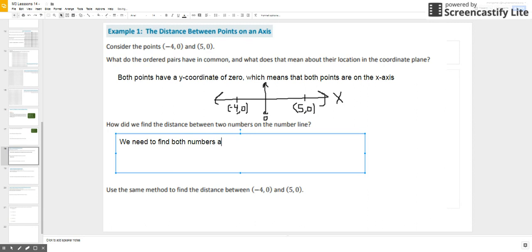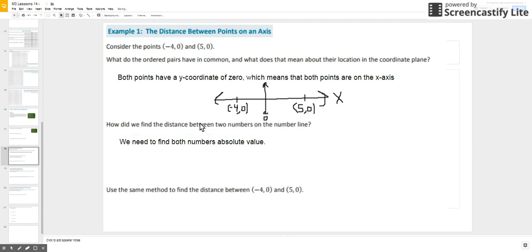Remember, we want to know how far they are away from 0. So we would find their absolute value. Oops, I'm spelling value wrong. There you go. So if I was to find the distance between these points, I'd first need to find the x-coordinate's absolute value.